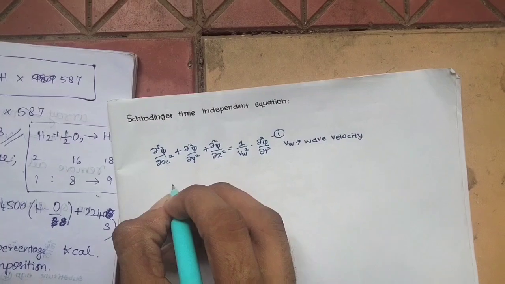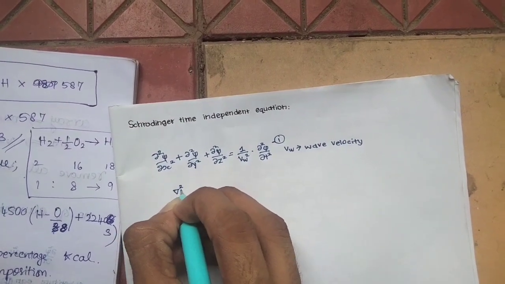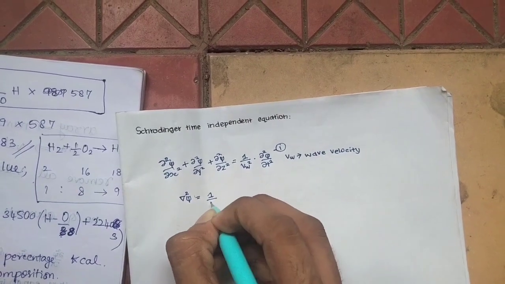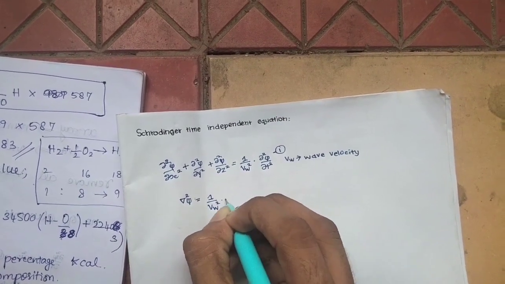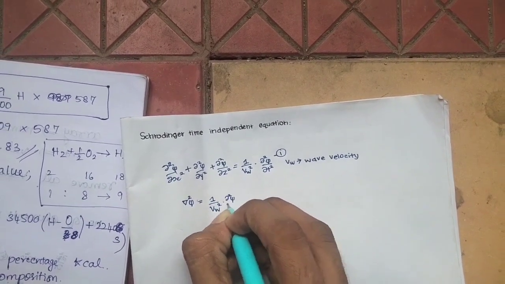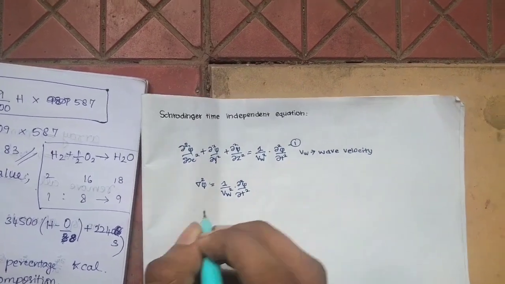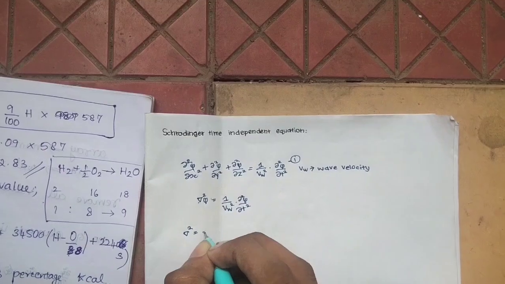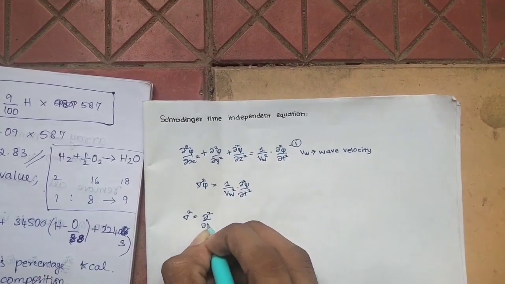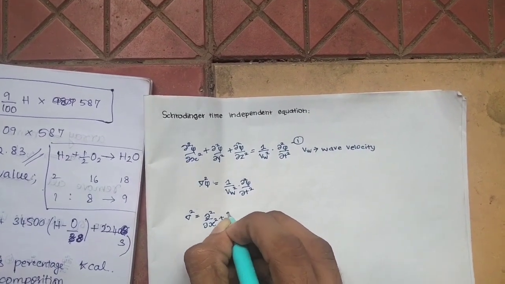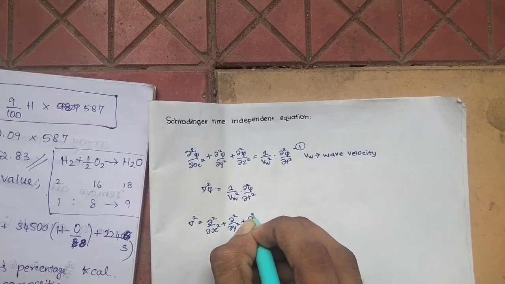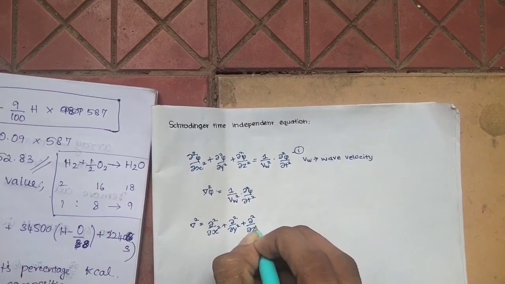Equation 1 can also be written as del square psi equal to 1 by Vw square into dou square psi by dou t square, where del square is dou square by dou x square plus dou square by dou y square plus dou square by dou z square.